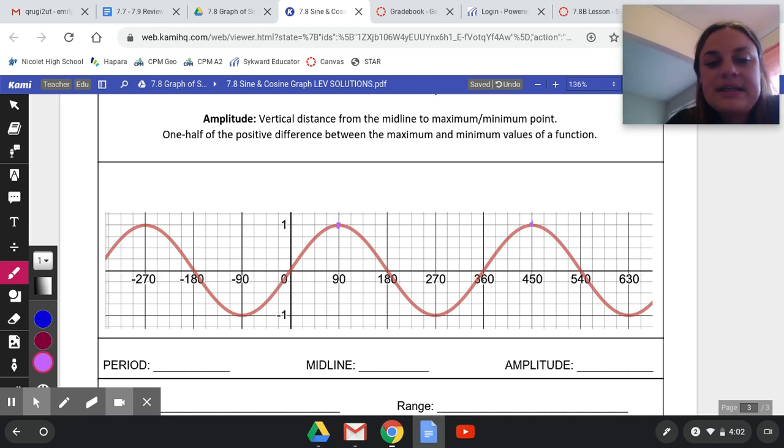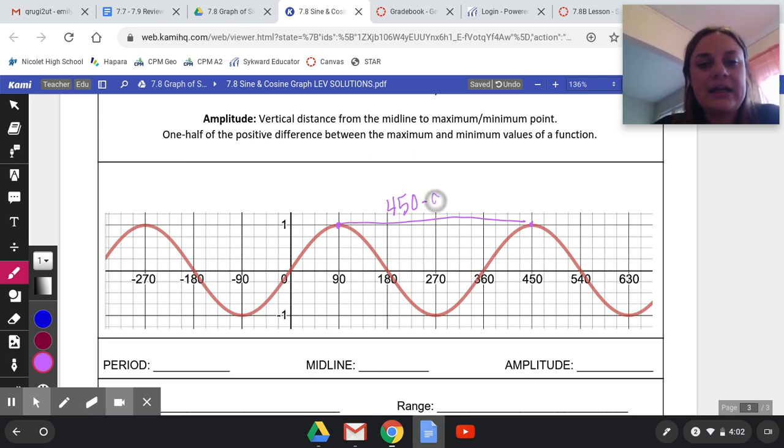How many degrees are between them? If I do 450 minus 90, I get 360, which should make sense because it takes 360 degrees to go around a circle. So the period here is 360 degrees.